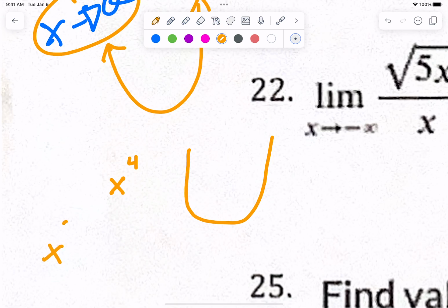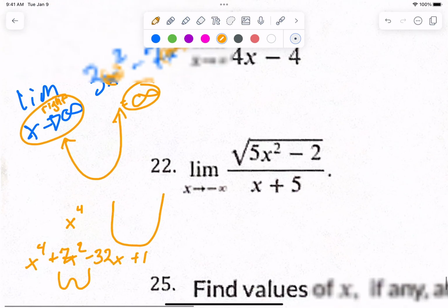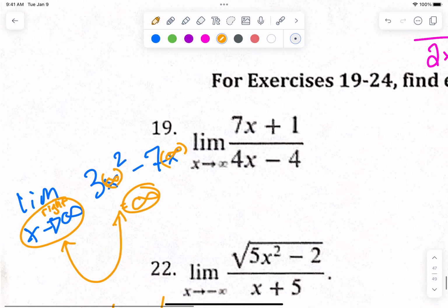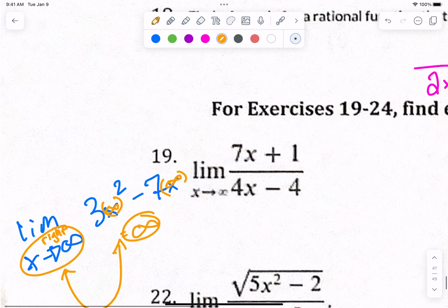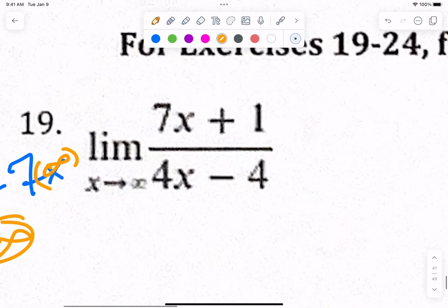But x to the 4th plus 7x squared minus 32x plus 1 is a W. So still the same general end behavior shape, but he has little humps in the middle if he has extra stuff. Okay, rational functions. If he's a polynomial, you're just going to look at what his shape is and go from there. I didn't put any of those on here. I probably should have.